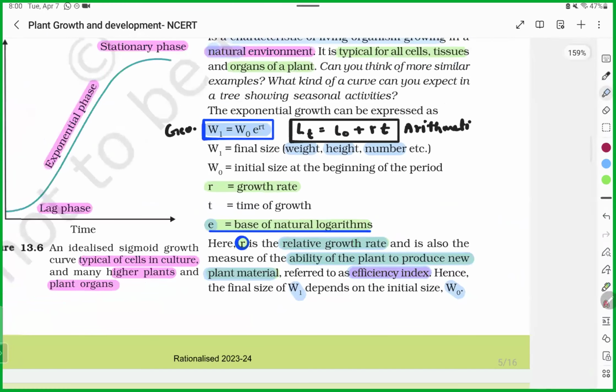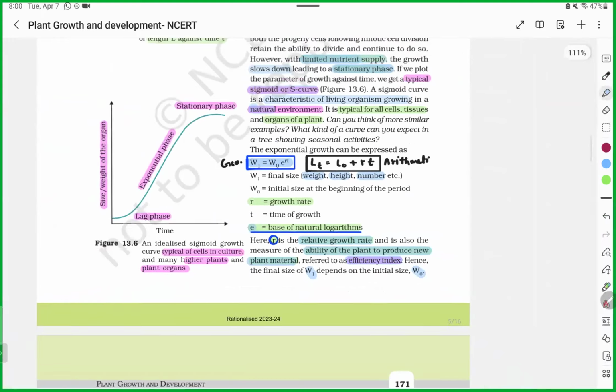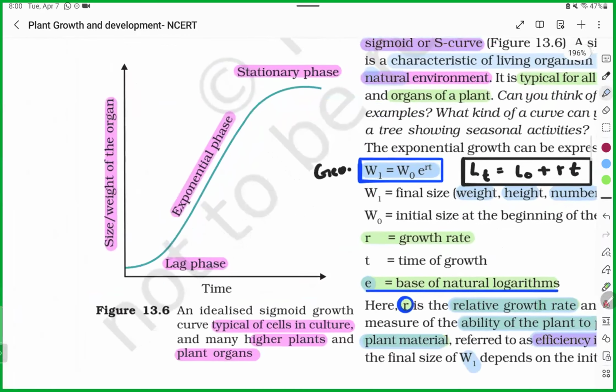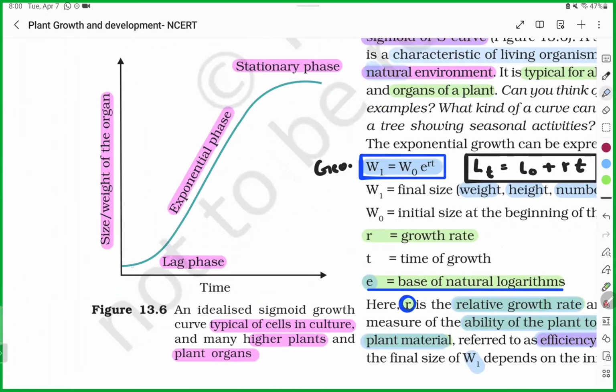So, if you understood all, these are the two types of growth in plants. First, geometric growth. First, very slow lag phase. Second, exponential log phase. And last, stationary final phase. This is the ideal curve, also known as the sigmoid growth, present in cells in culture or most of the structures in higher plants or plant organs.